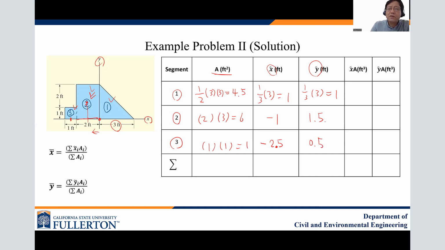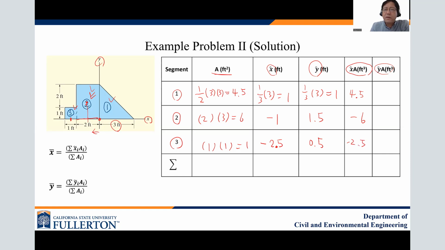So you fill out this one, almost done, because it's just a multiplication of X wave and A, and Y wave and A. For example, X wave times A: 1 times 4.5, so there's a 4.5, right? And then this one is -1 times 6, -6. -2.5 times 1, -2.5.